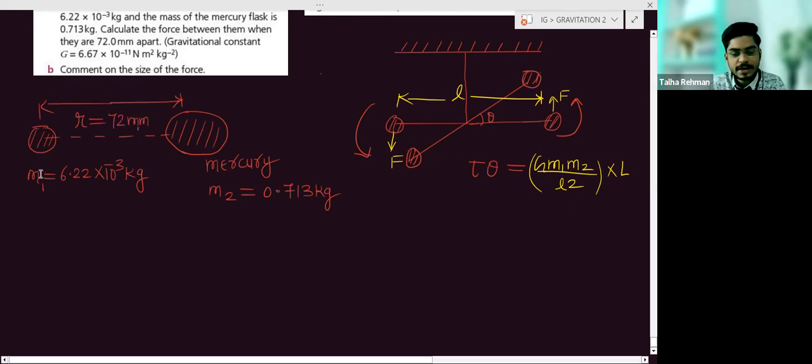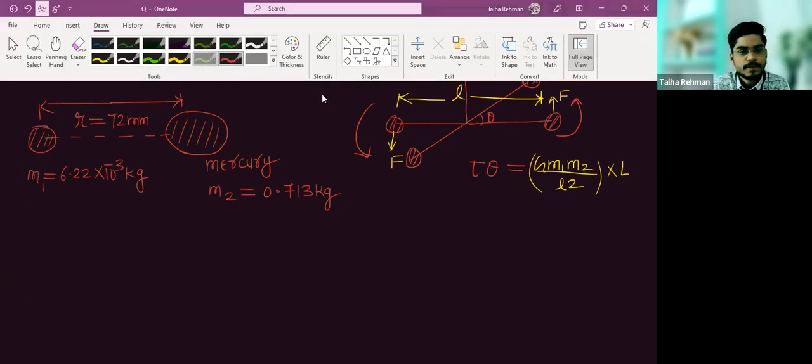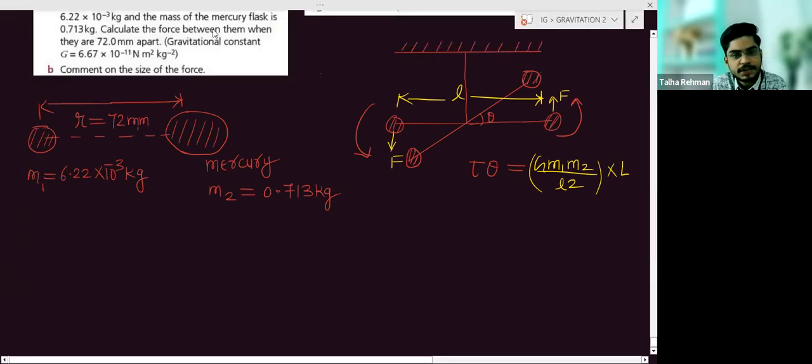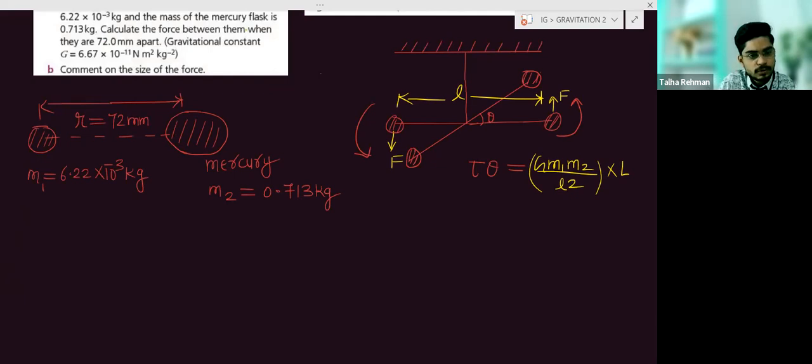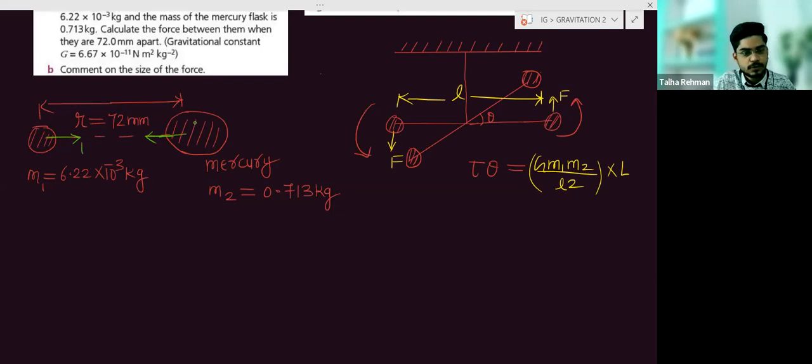Now we have to find the gravitational force between them. Both will attract each other with force F. So you can find this force.